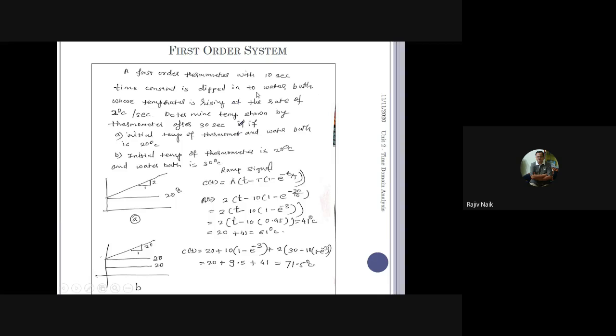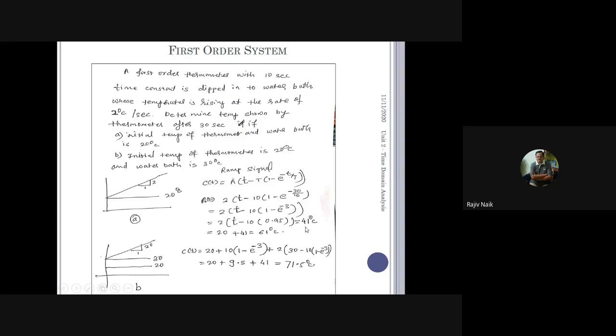How much is the water temperature rising? In 1 second it is rising by 2 degrees. In 10 seconds it will rise by 20 degrees. So that error will be continuously there, approximately that much error.